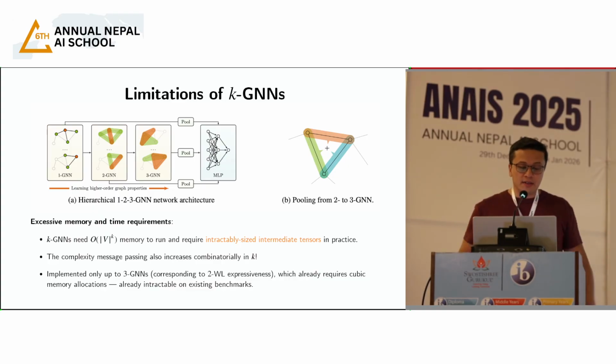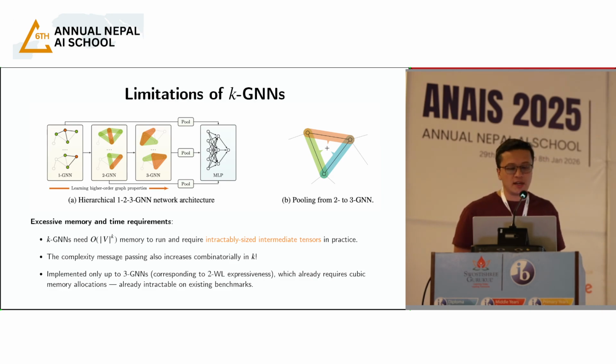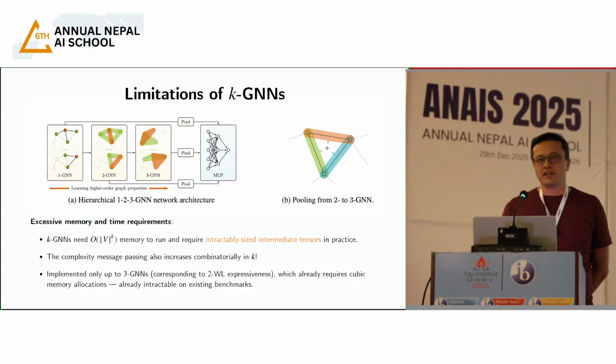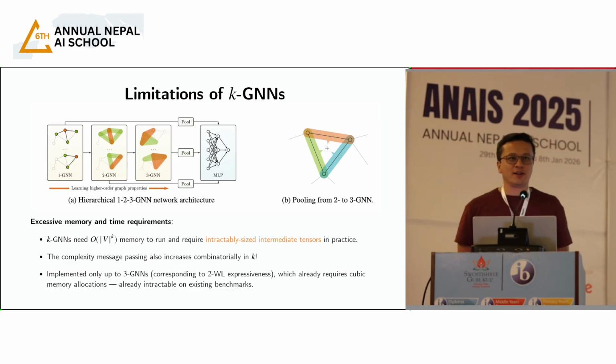Good, yeah. The main problem with these architectures is that they require excessive memory and computation time to run. So this is highly intractable. As I said, they roughly require V to the K memory, and this is, yeah, very damaging, you can imagine, especially in large graphs.